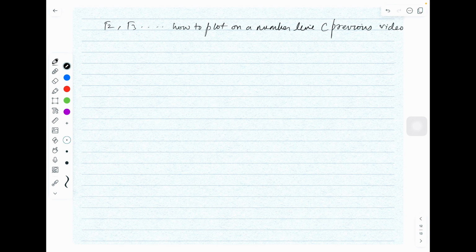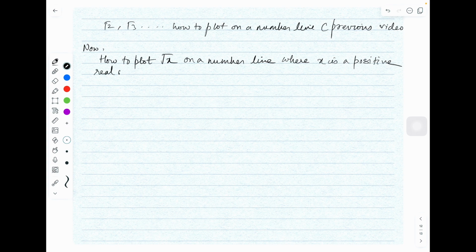Now, how to plot root x on a number line, where x is a positive real number.